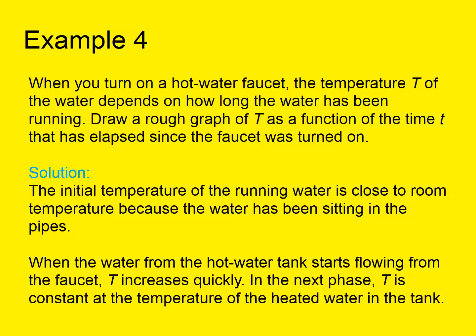It's going to go uphill as we read from left to right. In the next phase, big T, the temperature, is constant at the temperature of the heated water in the tank. So we're going to get something like a horizontal line for that portion of the domain.